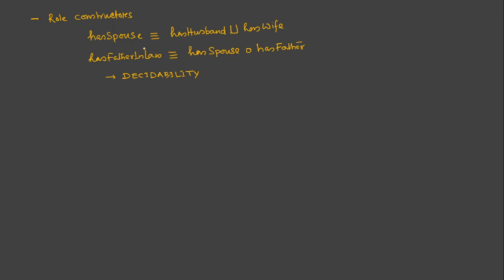So that's why when we talk about these role constructors in different DL families, or description logic families, we will restrict the usage of this constructor so that our language family becomes decidable, right? Now with all this, I guess we have got all the necessary foundation to describe the different families of description logic, right? So we'll be talking about the families of description logic.